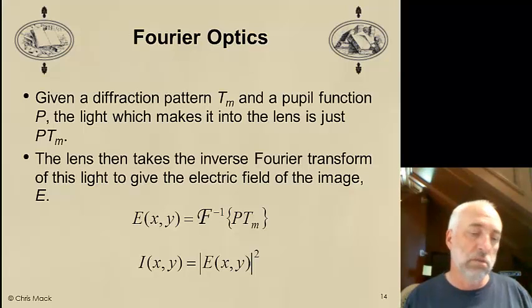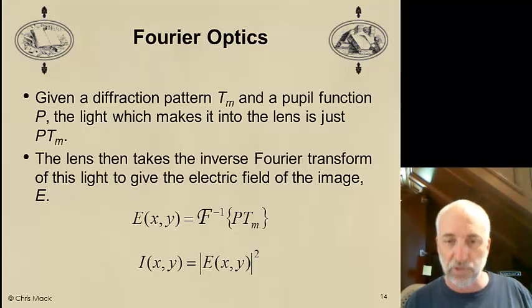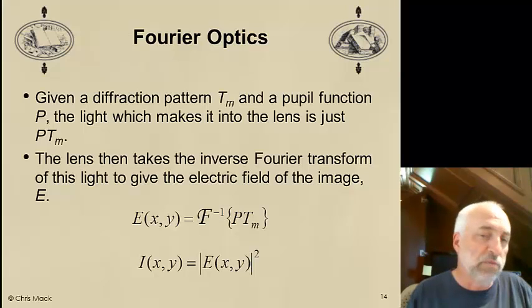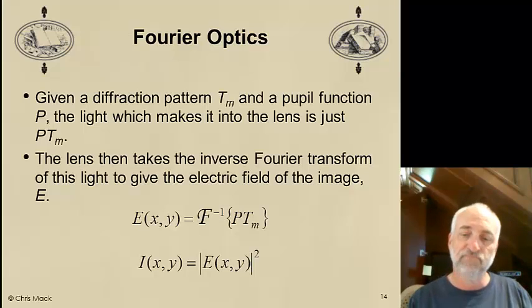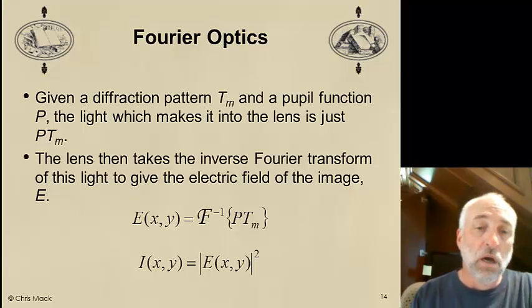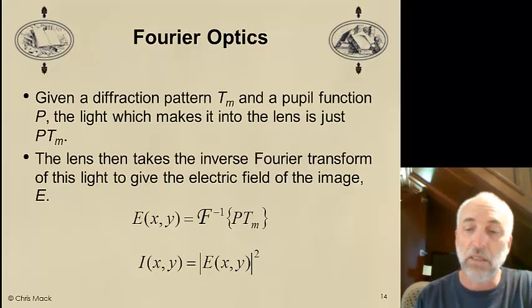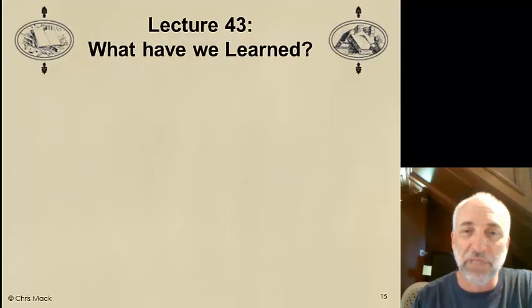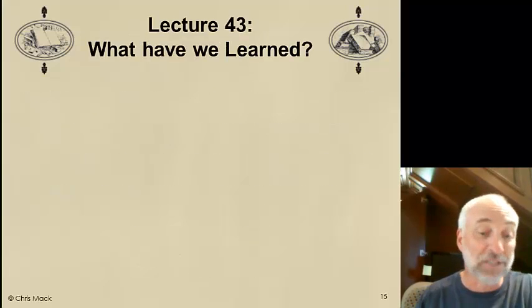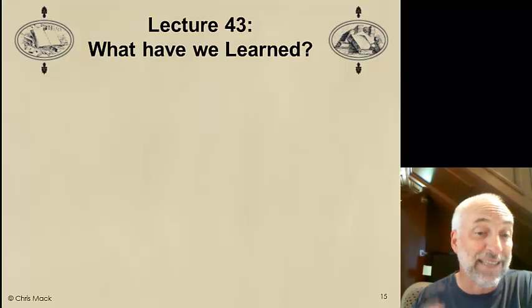Often in our examples, the electric field will be purely real numbers, and so we simply take the magnitude squared. Okay, that's how we calculate an image. That's how we know what the image will be. We'll come back to our simple example of lines and spaces in the very next lecture, lecture 43.